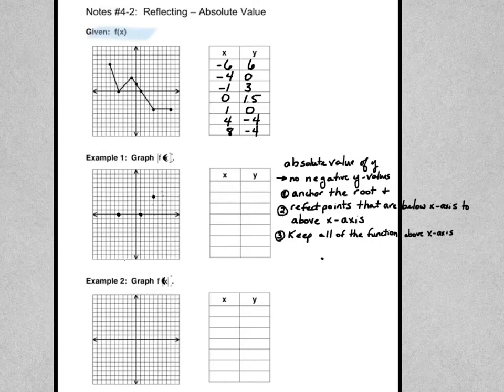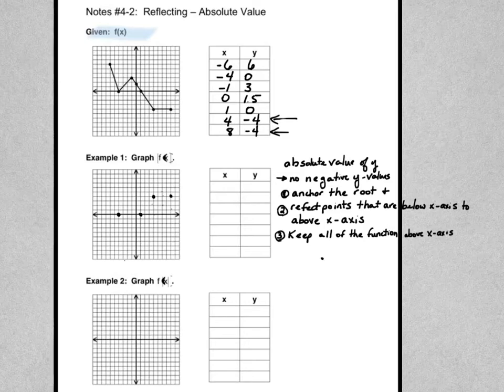If you look up here, these are the 2 points that are below the x-axis. And so what I want to do then is make those positive 4 so they're above the x-axis. So then I go to 8, positive 4. Everything else is going to stay the same because it's already above the x-axis.